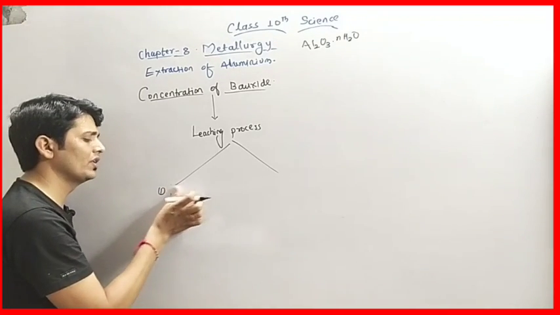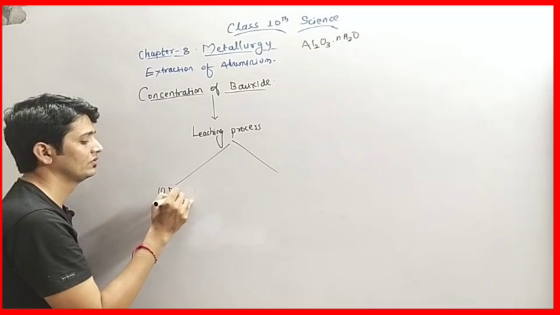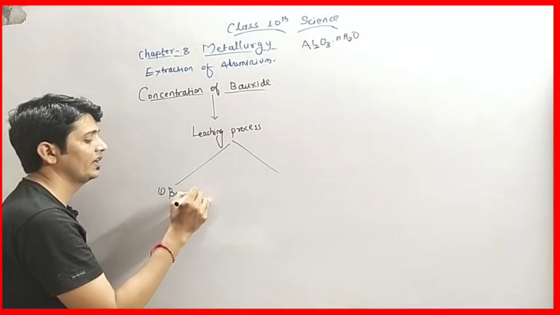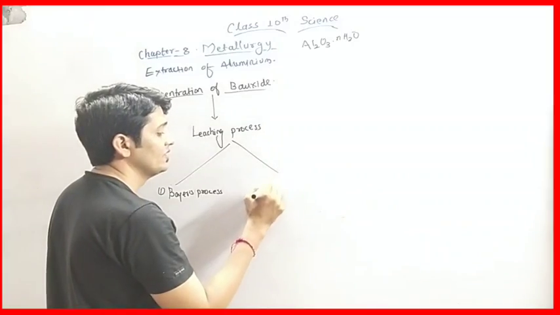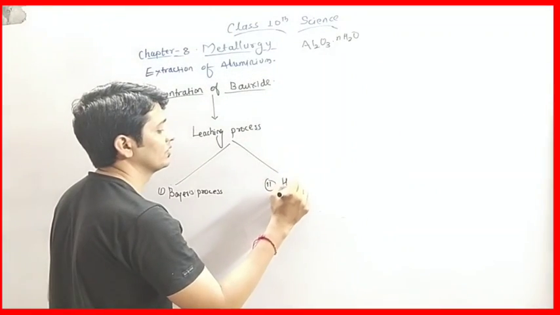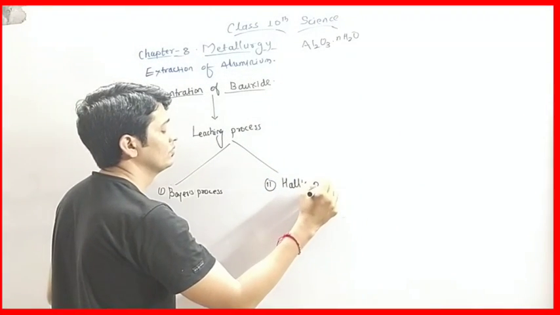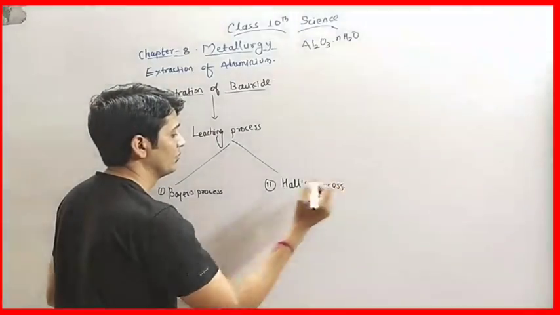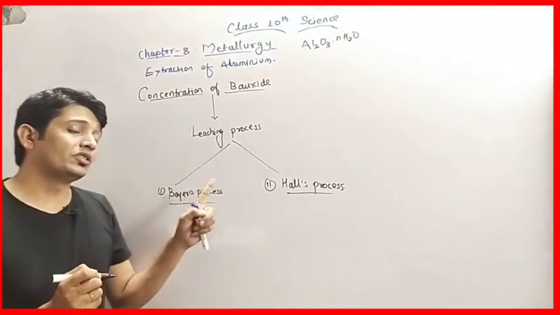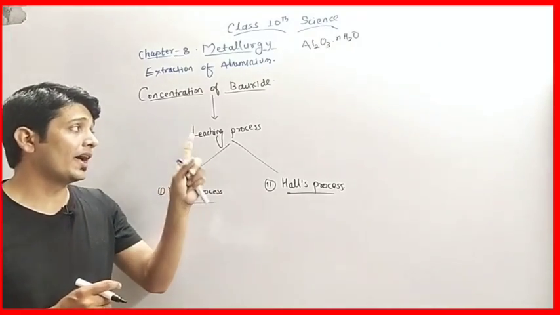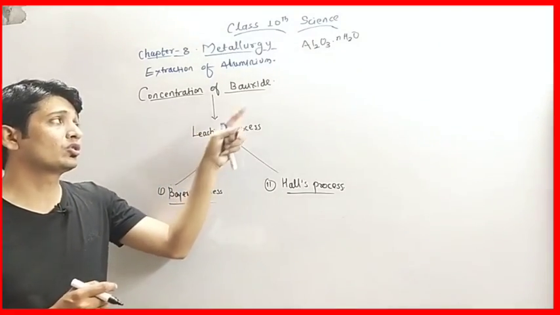First is Bayer's process, and second is Hall's process. These are the different processes that we are going to apply for the concentration of bauxite ore.